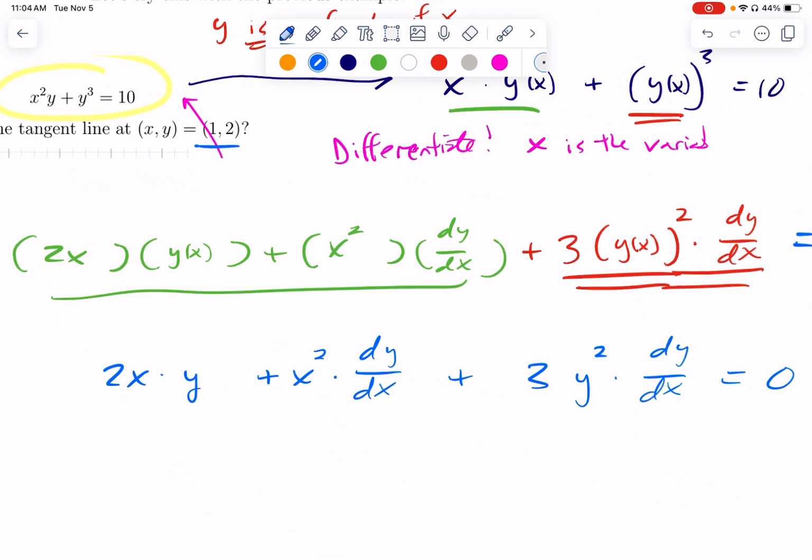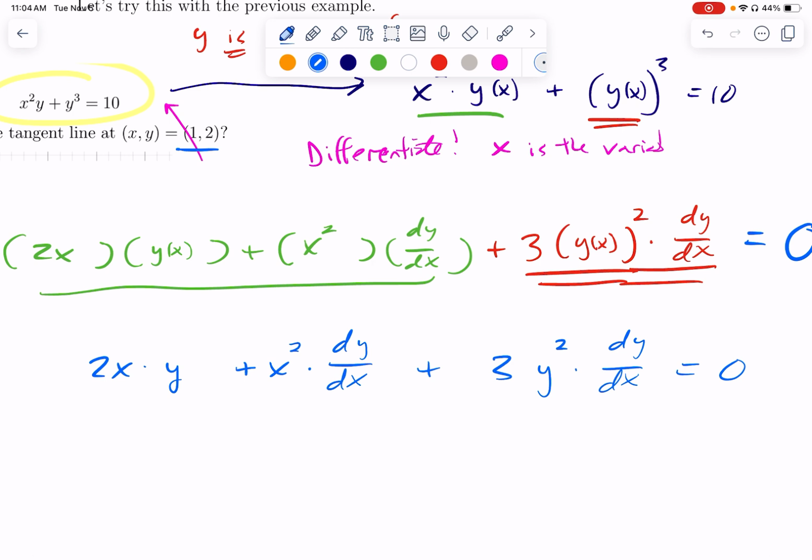So I've got this equation. It has some x's in it. It has some y's in it. It has some dy dx's in it. I want to know what is the slope of the tangent line, dy over dx, at the point where x, y equals 1, 2.